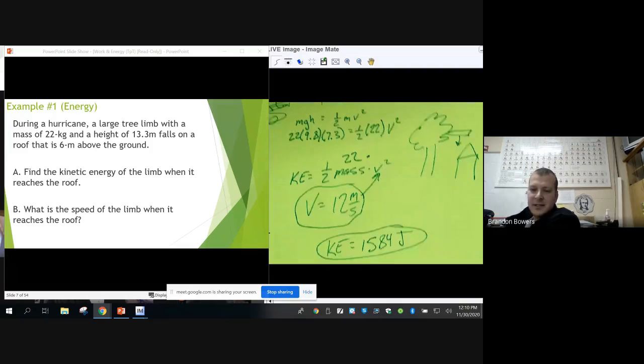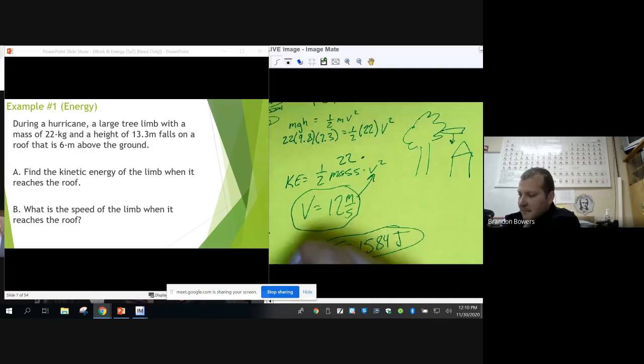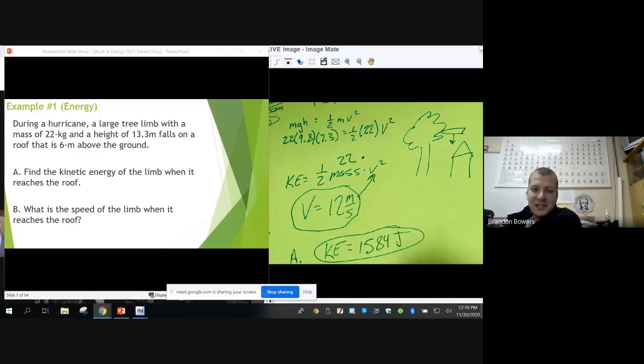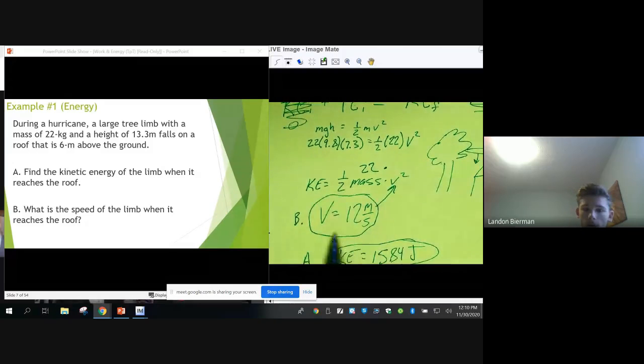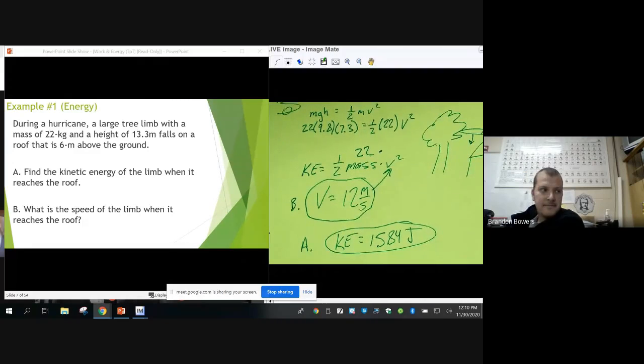So that's the answer to the first question, A. The answer to the second question, what is the speed when it reaches the roof? Well, we already calculated that. The velocity was 12 meters per second. Okay, that wasn't too bad, was it?